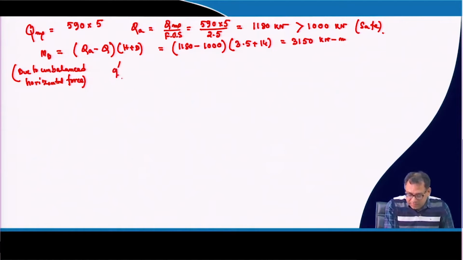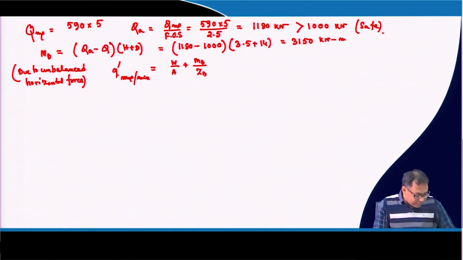So, that will mean the Q dash max, mean, is equal to W over A plus or minus MB over ZB. Now, how can we calculate the ZB?